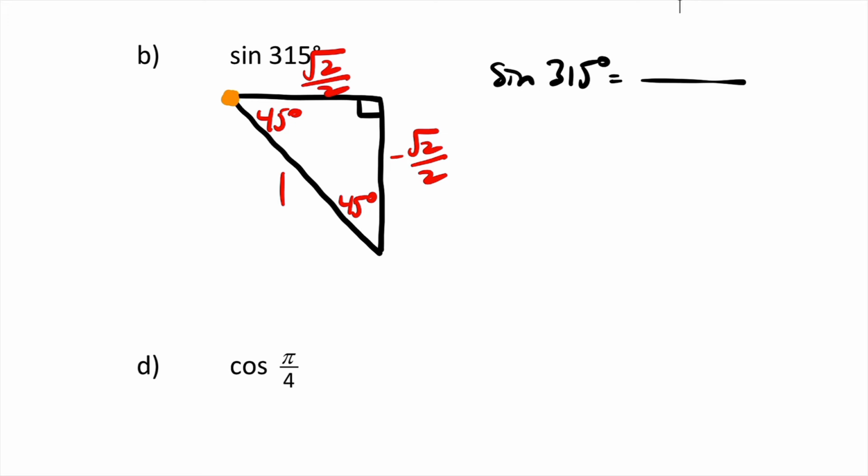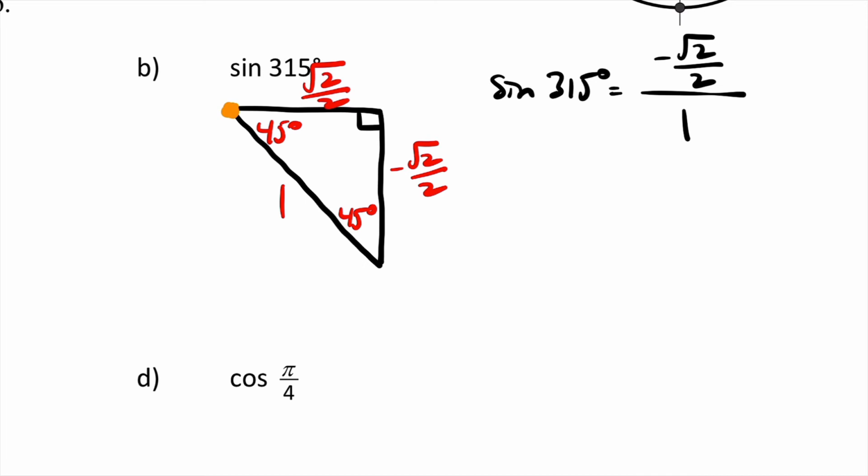It's the negative one. Yep. The positive is adjacent. I don't need adjacent for this problem. And then divided by 1, because the 1 is the hypotenuse. Anything divided by 1 on the bottom stays the same. So it's going to be negative square root of 2 over 2. Done.